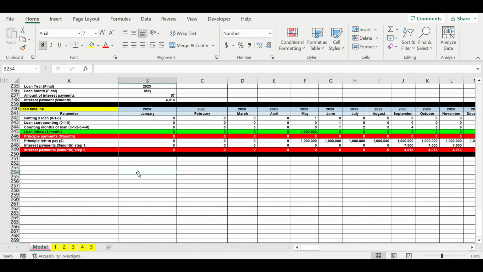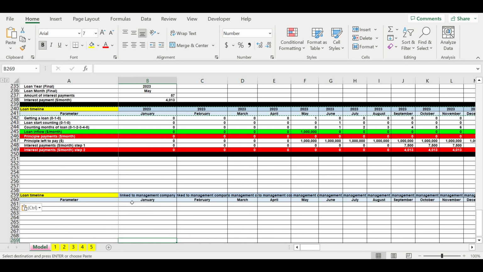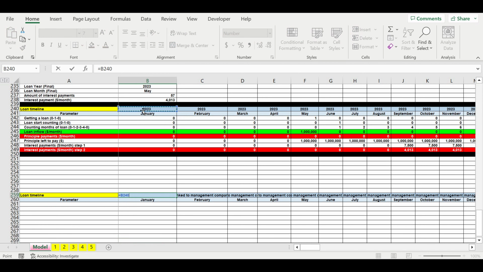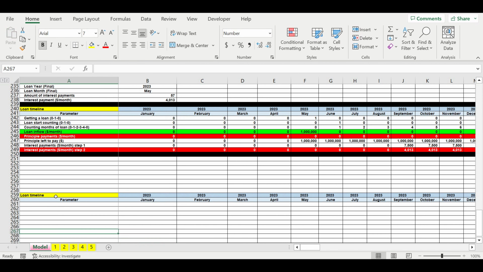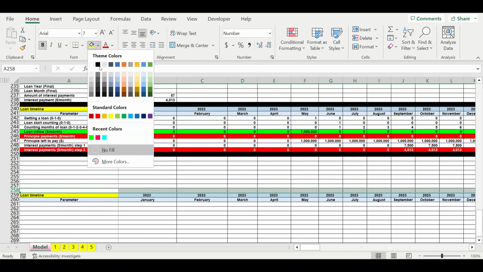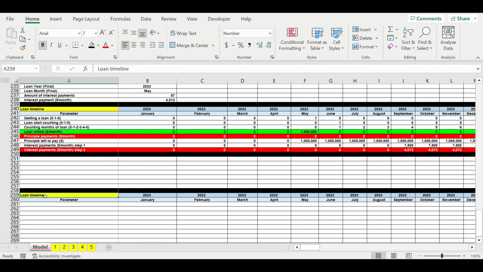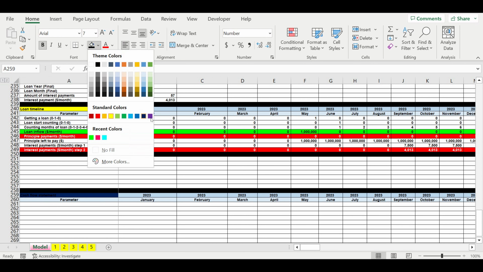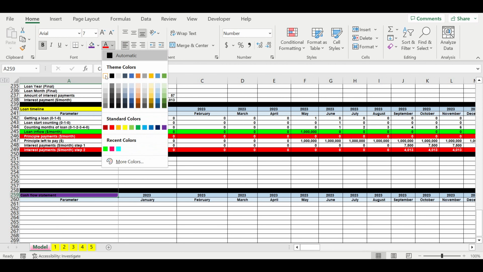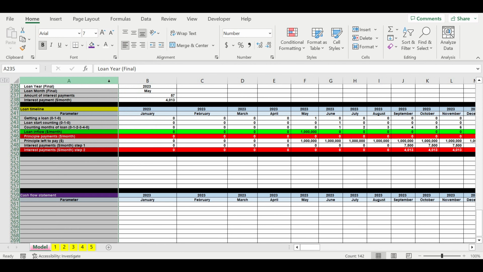And now let's start building the cash flow statement. First of all, let's create the timeline for the cash flow. Let's start from revenues.